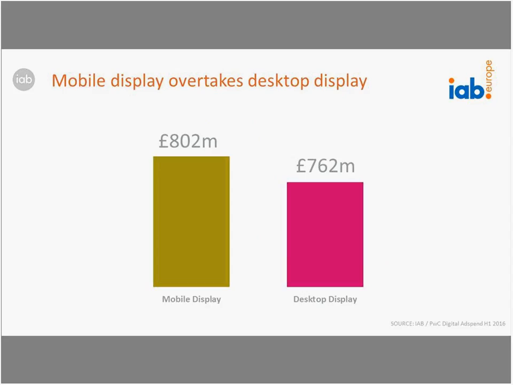As we break down, very much as Maeve was saying in Ireland, these first numbers in 2016 for the first time see mobile display overtaking desktop display by some serious margin here, and you see the total numbers, nearly 1 billion mobile display at 802 million versus desktop at 762 million.